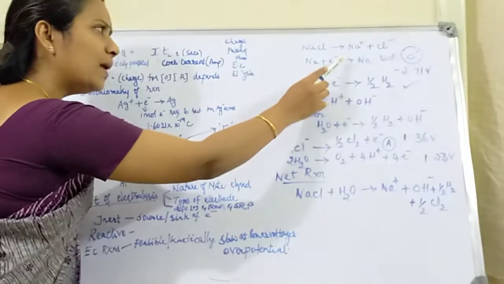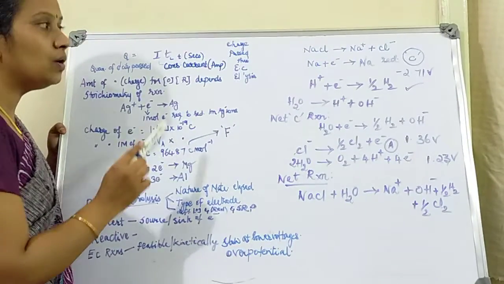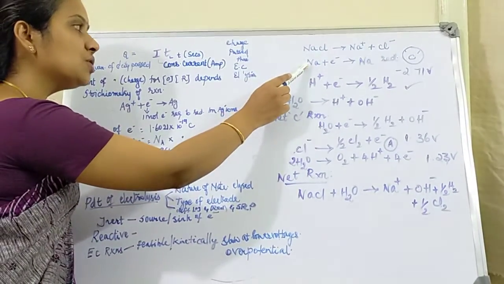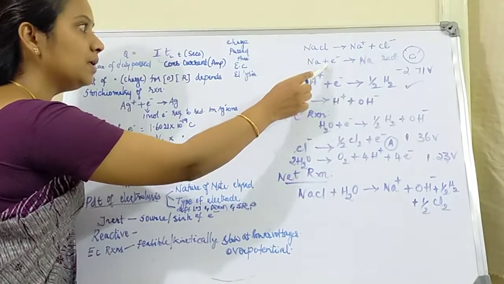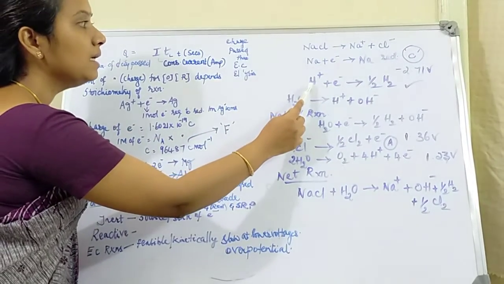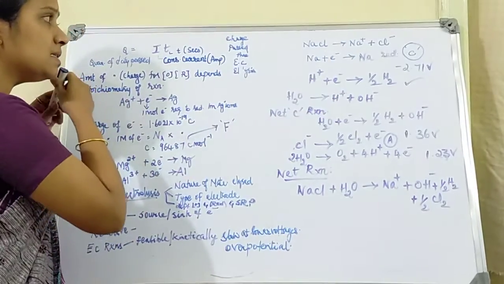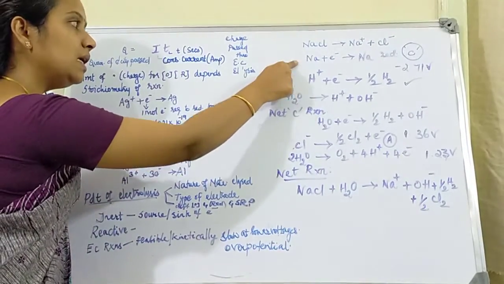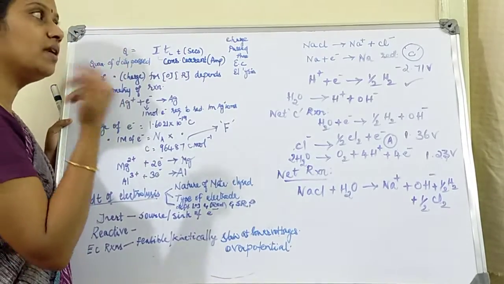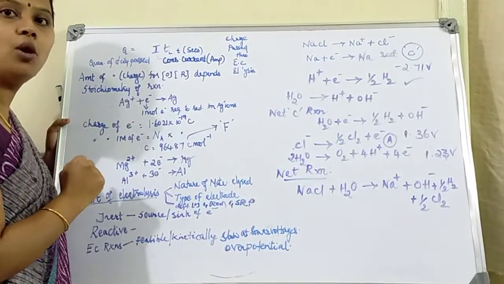Okay. So only this reaction happens in cathode? No. There is a competition between this reaction and the second reaction, that is H+ + e- gives half H2. Since there is a competition between these 2 reactions, which reaction will be dominated?